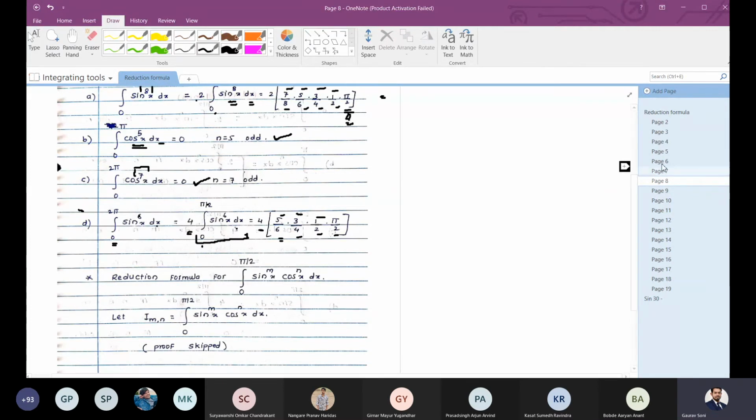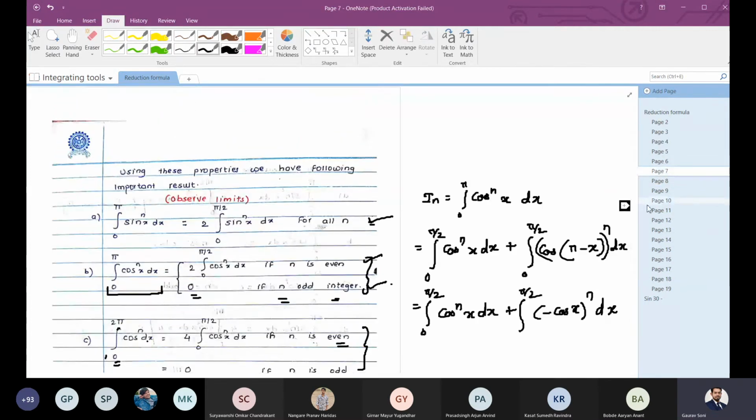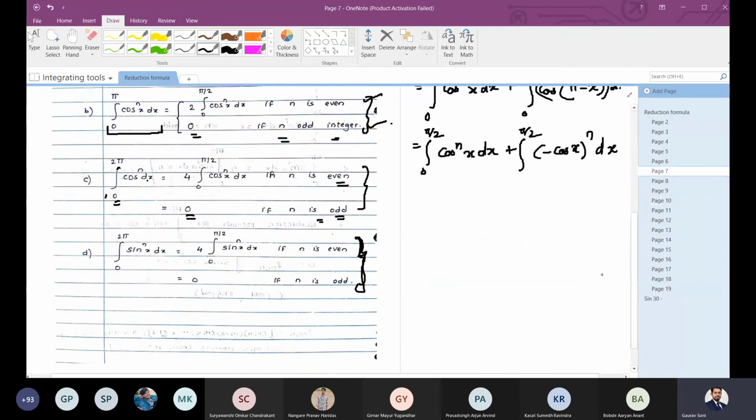So I'll show you the property for sine raised to n, 0 to 2 pi. In this property, for 0 to 2 pi sine raised to n, if n is even, then you can write it as 4 times 0 to pi by 2. So we have used that property over here.